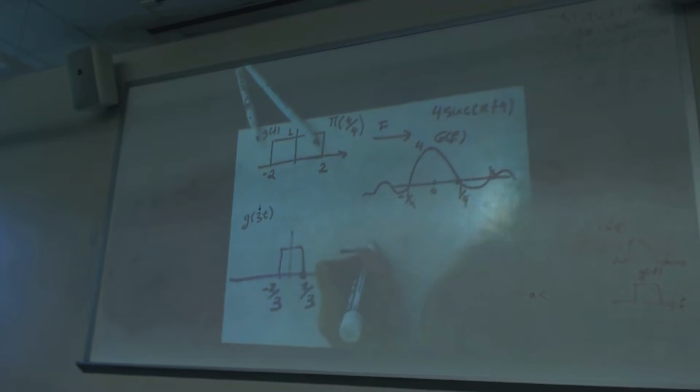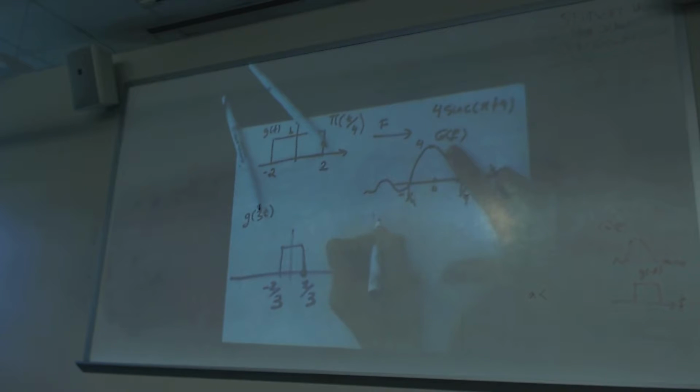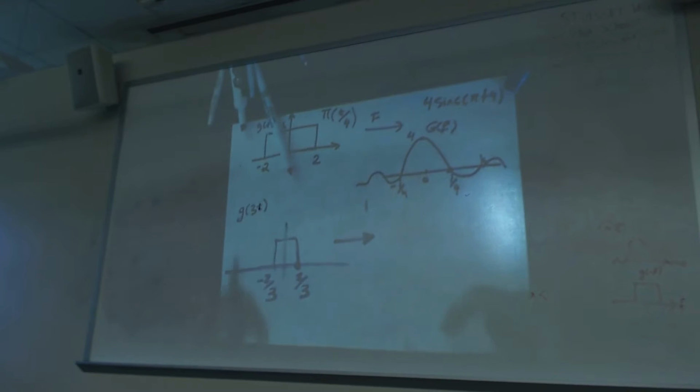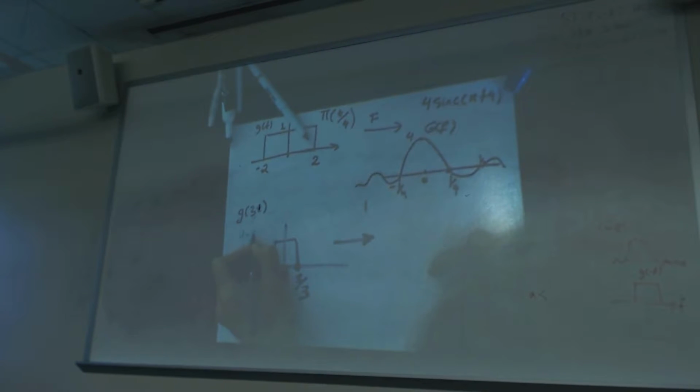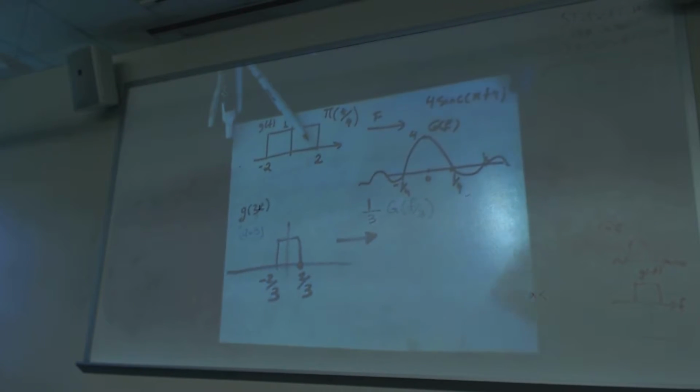For the frequency domain, the formula says, this is your g of at. Now the Fourier transform is 1 over the absolute value of a. What's a here? The scale is 3, right? So it says 1 over the absolute value of a, which is 1 over 3, times G of f over a, f over 3.